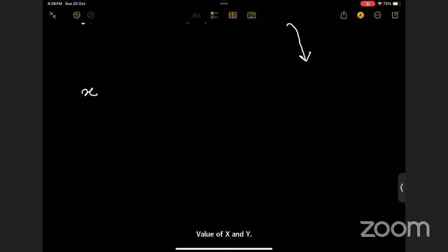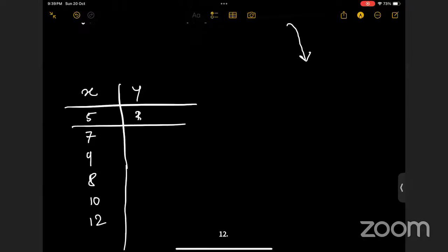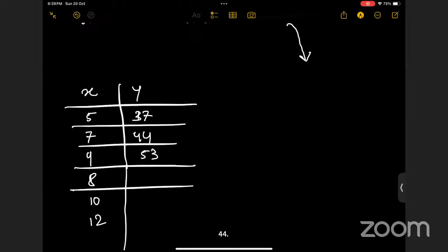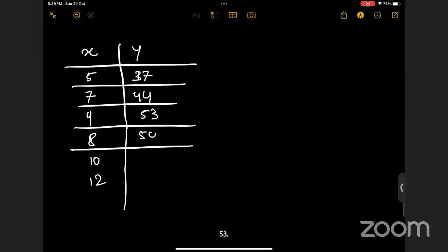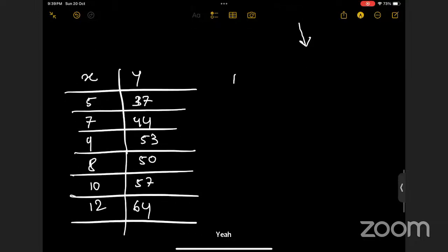X is 5, 7, 9, 8, 10, 12. And y is 37, 44, 53, 50, 57, and 64. And the equation is y equals 4x plus 15.